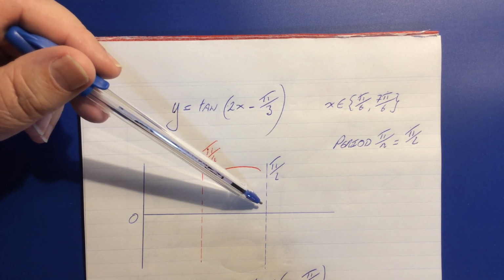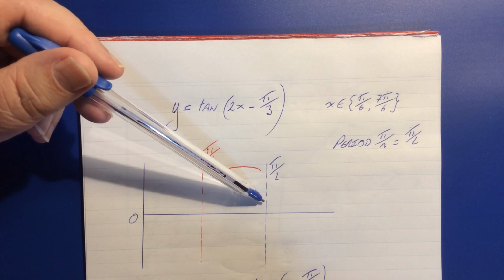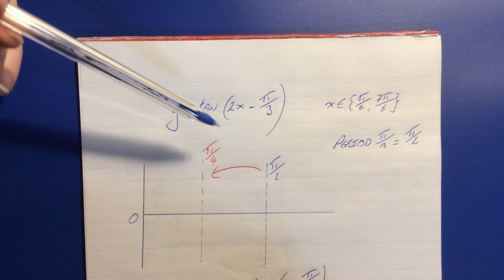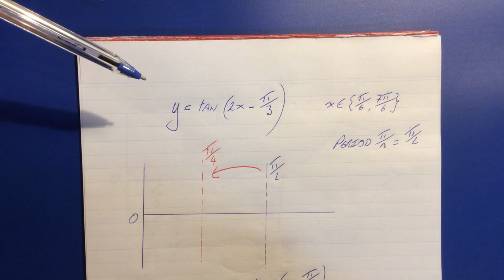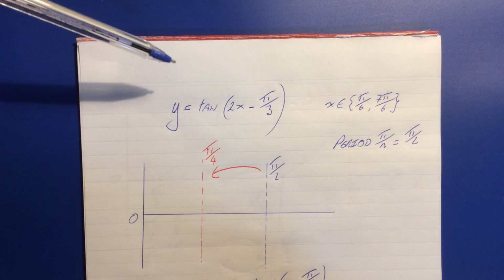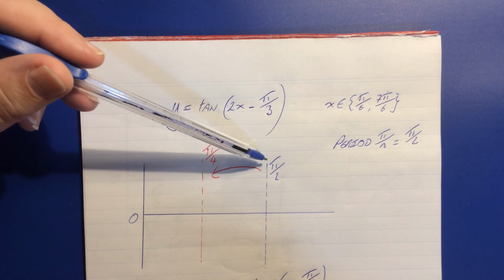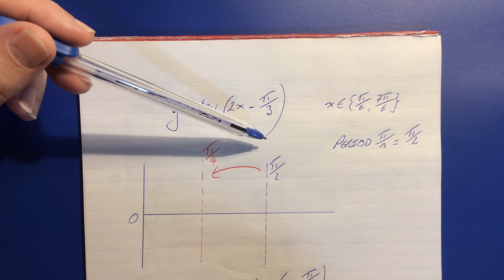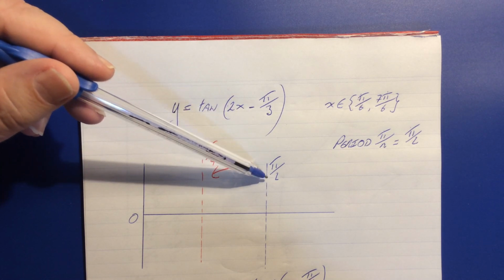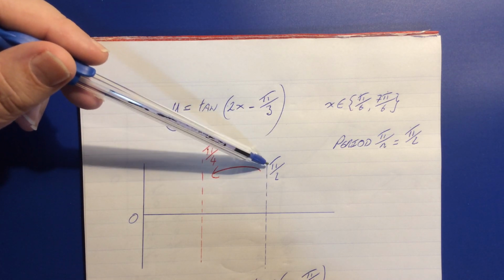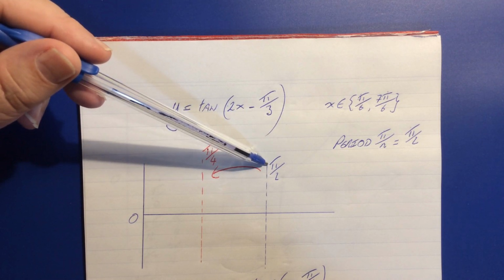If you don't understand why there is an asymptote at 90 degrees for a tangent graph, go back and have a look at how tangents are constructed. They are opposite over adjacent. At 90 degrees, the adjacent is 0, so you just get nonsense. For y equals tan x, the asymptote would be at pi on 2.